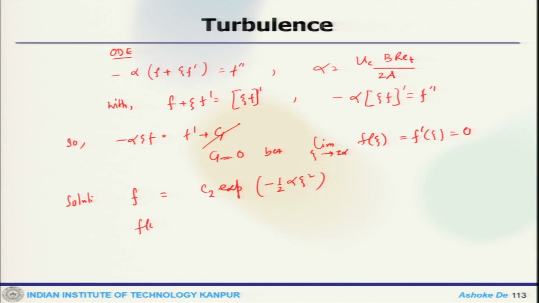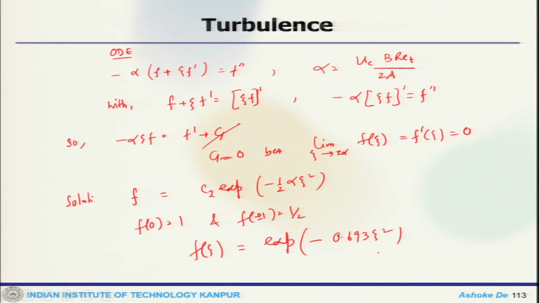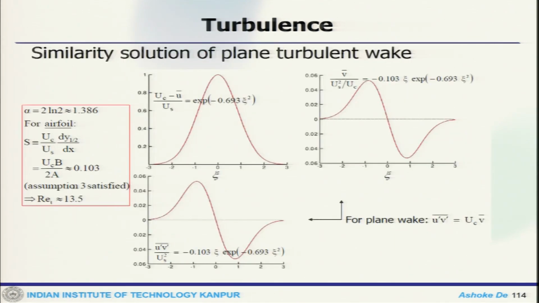So, that gives f(0) equals 1 and f(plus or minus 1) equals half. So, we get a solution f of xi equals exponential of minus 0.693 xi square. So, if you plot, this is a similarity solution of a plane turbulent wake.